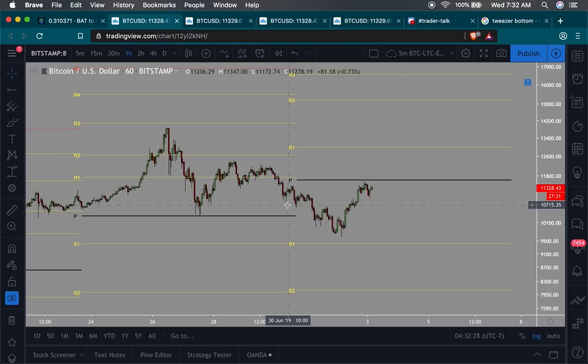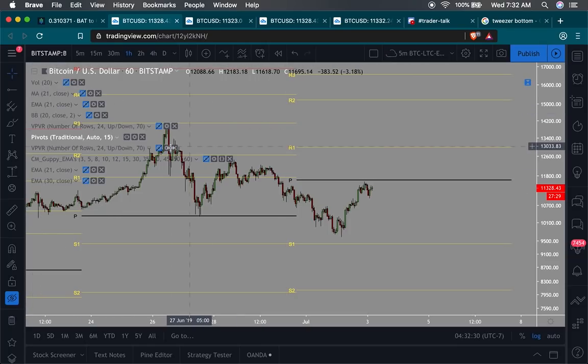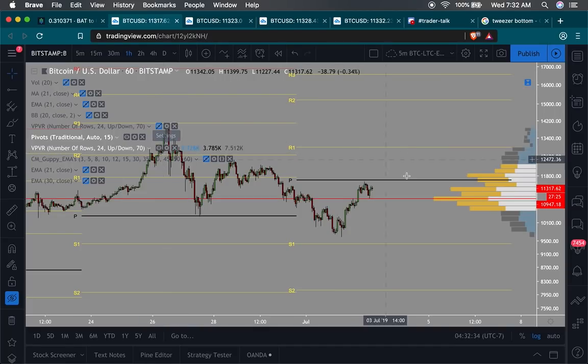I love using pivots because they're very useful. And also, if you use them in complement with VPVR right here, very useful. All of these are essentially nodes that give you an idea of where there's a large amount of open interest or previous support and resistance levels where there's high demand or high supply.